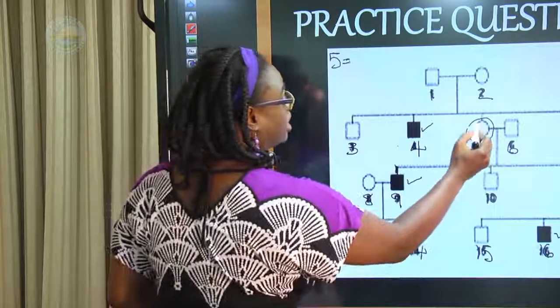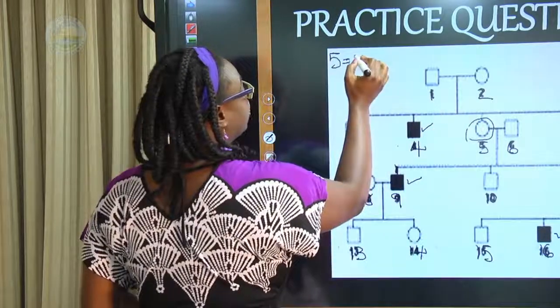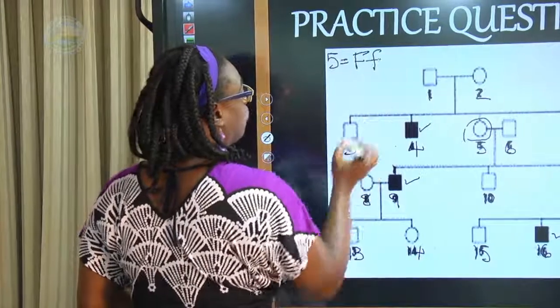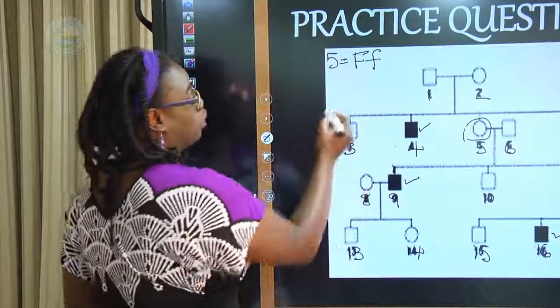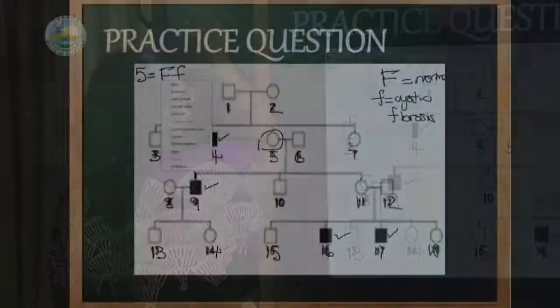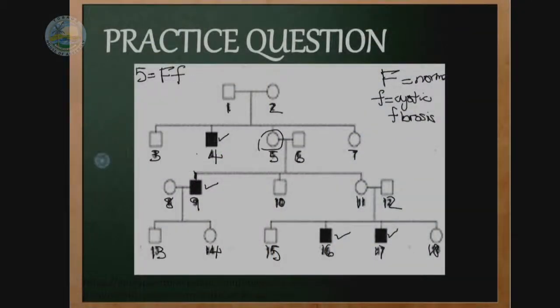So her genotype must be capital F, lowercase f. She is capital F, lowercase f because the dominant allele, capital F, suppresses the effect of the lowercase f.